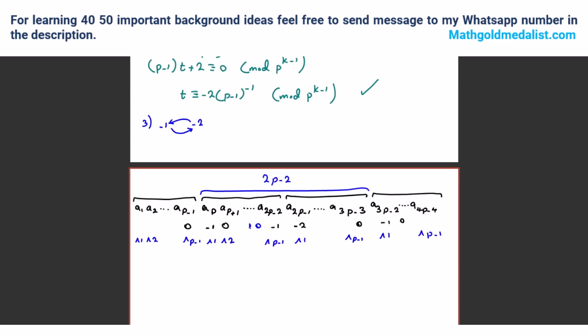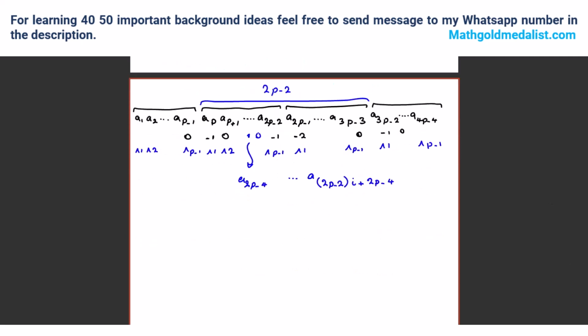A, 2p minus 2, 2p minus 3, 2p minus 4. Okay, so 0, 1. It's a 2p minus 4. What's the next number that has this property? Next one is a. You should add 2p minus 2 because p plus 2p minus 2 is this one. 2p minus 2. So we can write 2p minus 2. For example, i plus 2p minus 4. Okay.